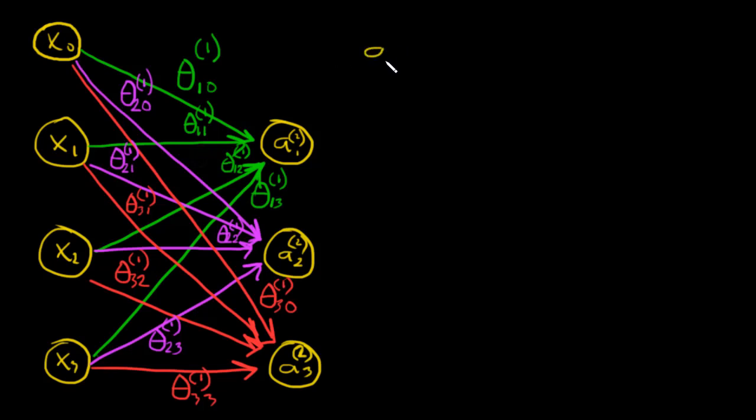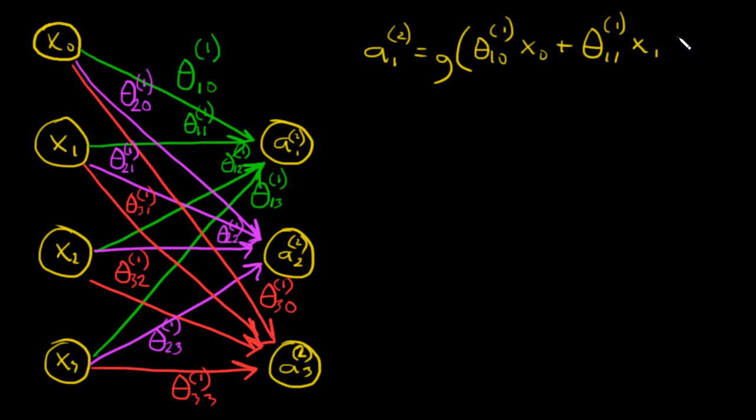Activation 1 in layer 2 is going to be given by the sigmoid function applied to theta 0, 1, layer 1 times x sub 0 plus the next weight, theta 1, 1, layer 1 times x sub 1 plus the next one, theta 2, 1, layer 1, x sub 2 plus theta 3, 1, layer 1, x sub 3.